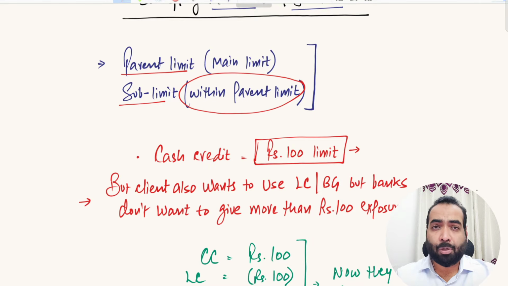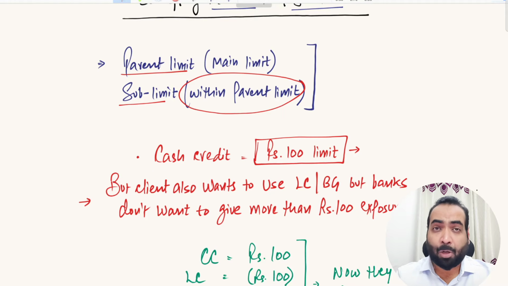Suppose your business demands that you want an LC facility also, and some packing credit facility also, but the bank doesn't want to give you anything more than rupees 100, right? So they want to restrict you to rupees 100, but at the same time you want to use different types of facilities while remaining within the overall exposure of rupees 100.